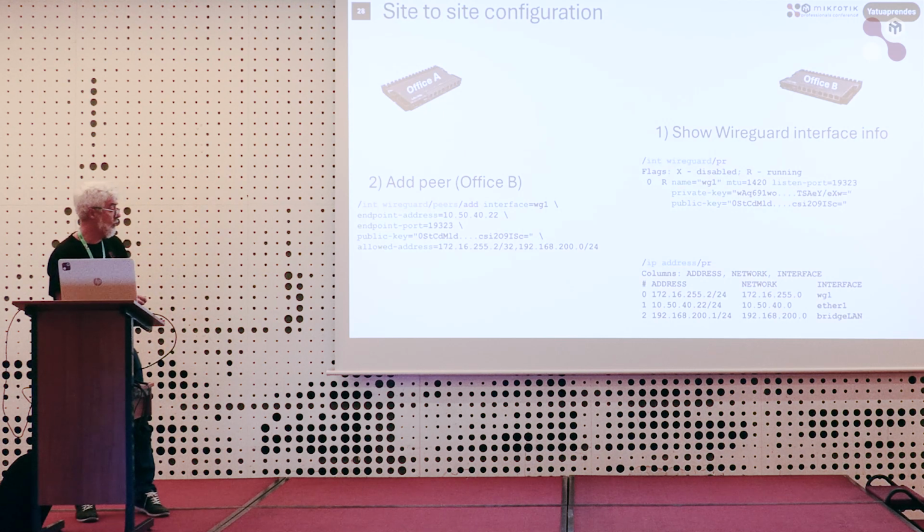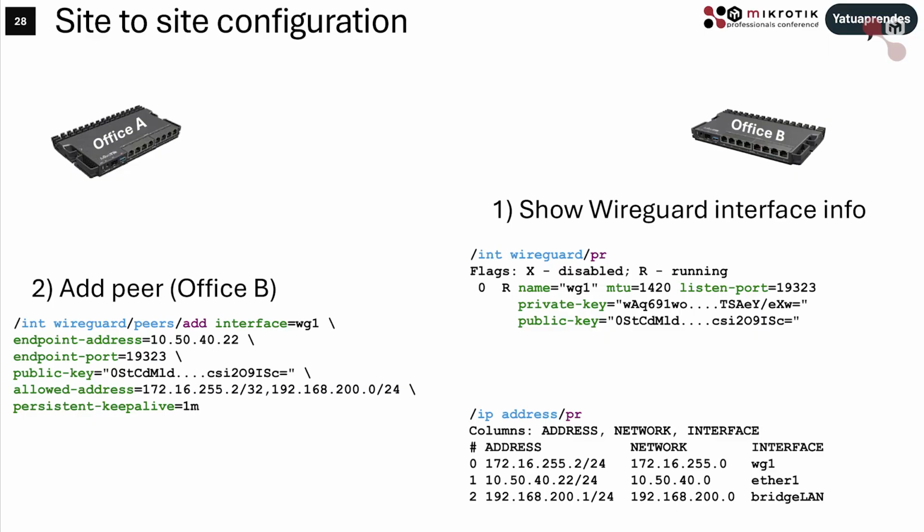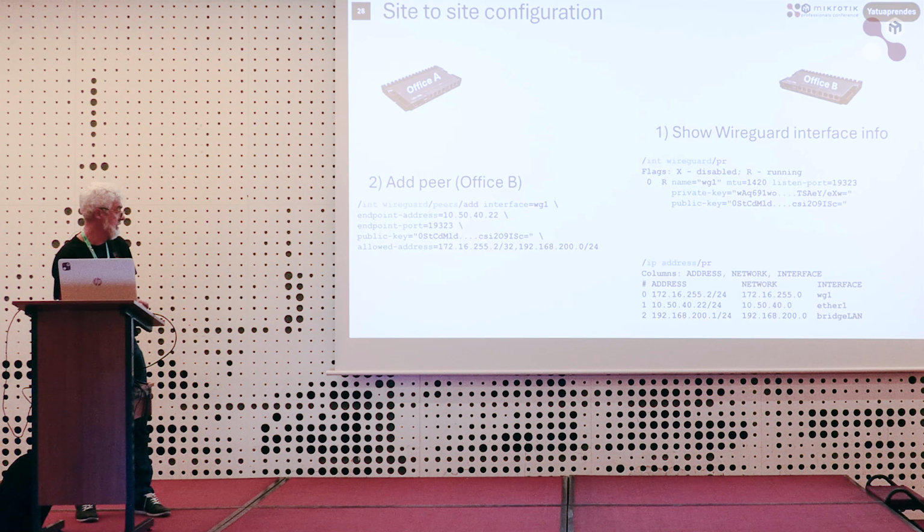So for adding the peer in Office A for Office B, we show the WireGuard interface info in Office B. We get the public key, put it on the peer, get the IP we assigned to Office B and put it in allowed address.